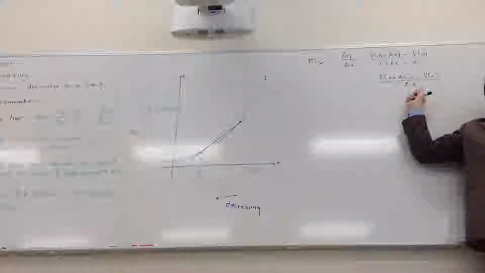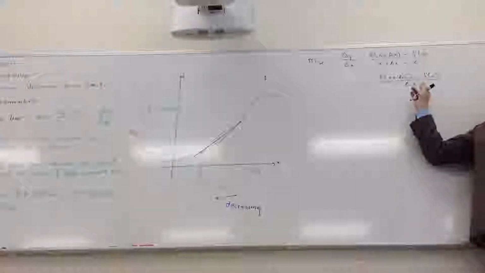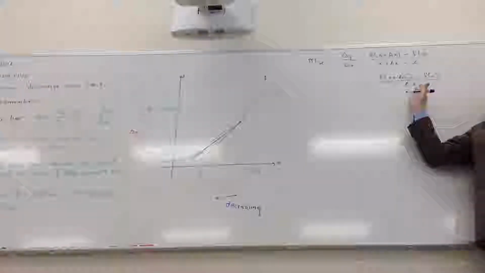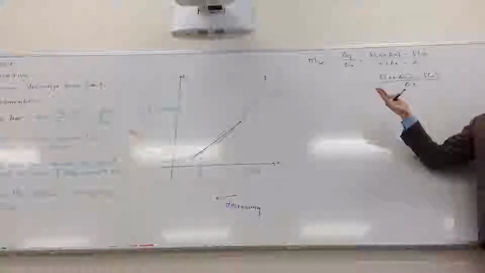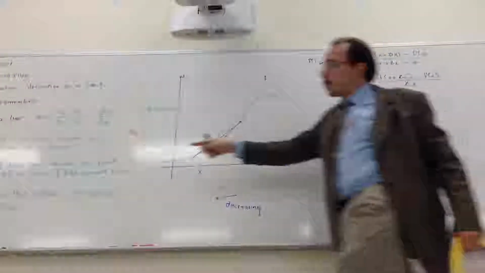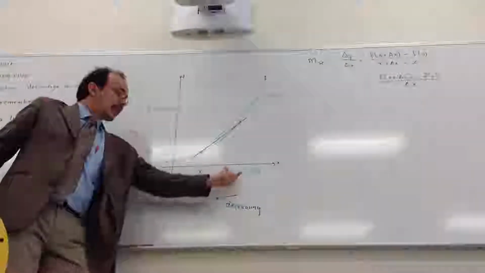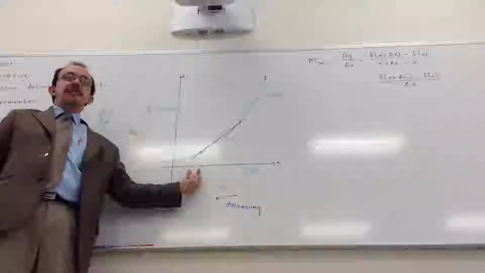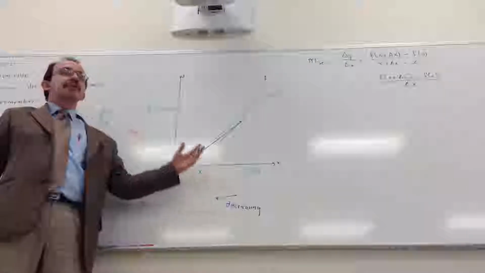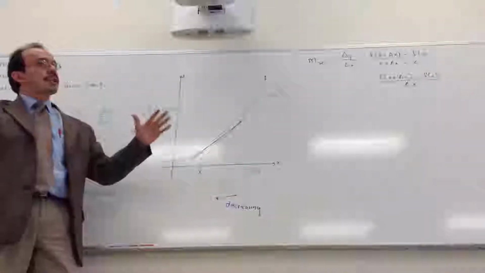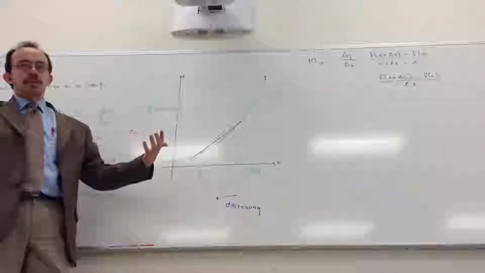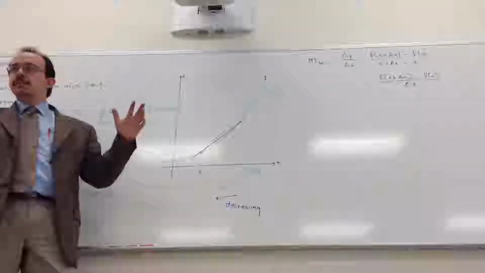No. Exactly. The idea is that this cannot be 0 exactly because it's undefined. But that's why we need to use the limits. With the limit, I can approach this distance as being as close to 0 as possible. And with that, I'm going to obtain something close to a tangent, which is the thing that I want to do. Do you get that now?